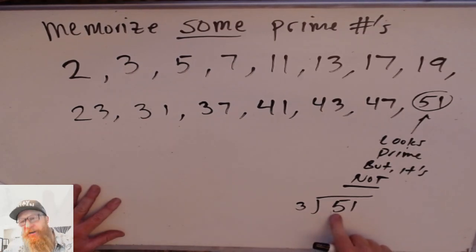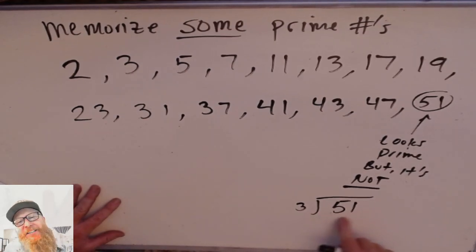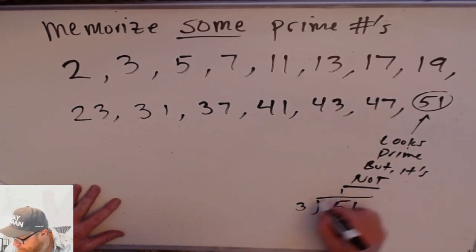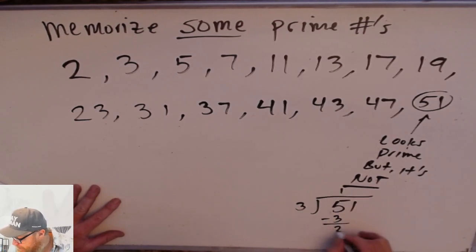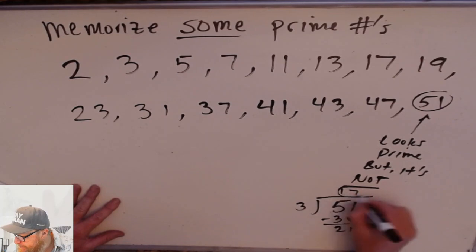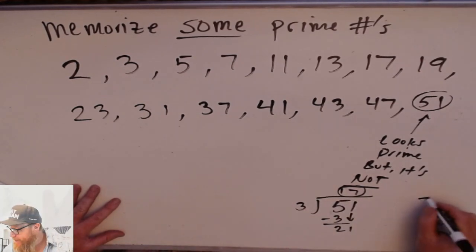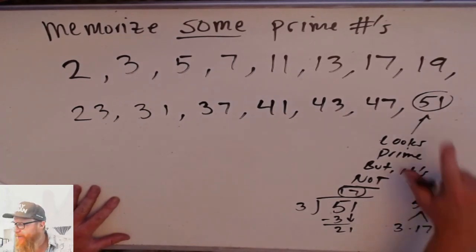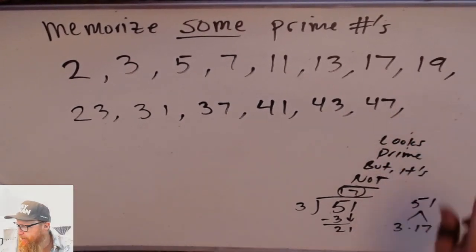Look, 5 plus 1 is 6, so it's divisible by 3. 3 goes into 5 one time. 1 times 3 is 3. 5 minus 3 is 2. Bring down the 1. 3 goes into 21 7 times. So 51 is 3 times 17. So 51 is not prime.